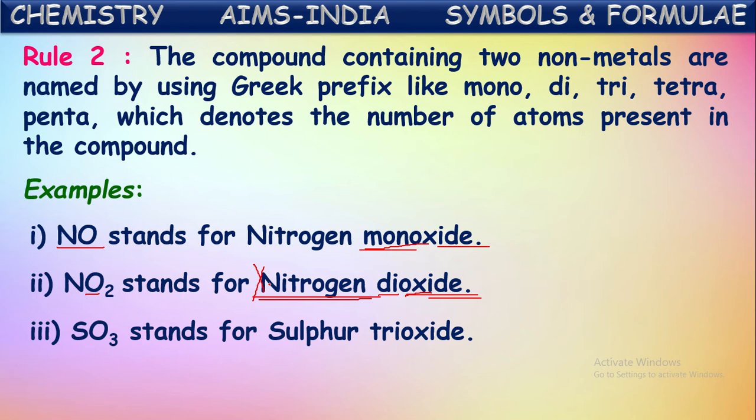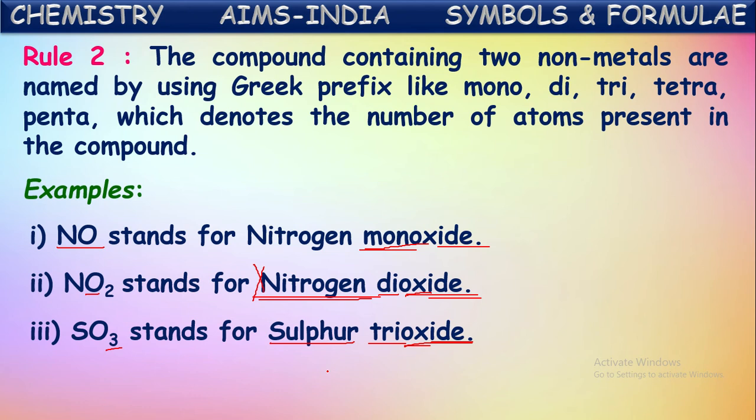The second non-metal in the compound is oxygen, and it is attached with ide by eliminating some letters. Now it becomes sulfur oxide. But we have to mention the number of oxygen atoms. There are three oxygen atoms, so it is mentioned with the prefix tri. Now we can say its name is sulfur trioxide.